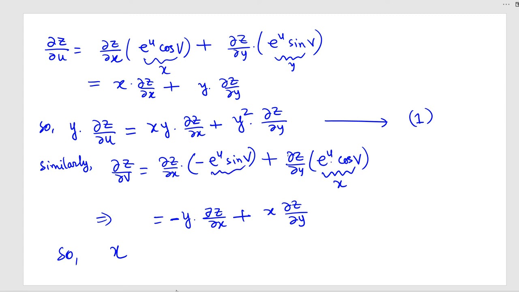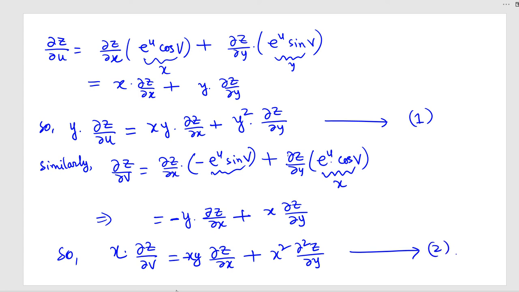So x times del z del v equals minus of xy del z del x plus x square del z del y. So here we get equation 2.